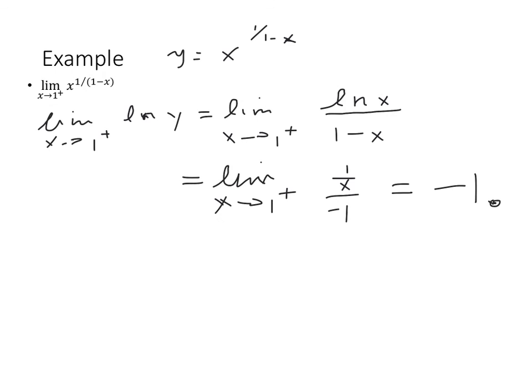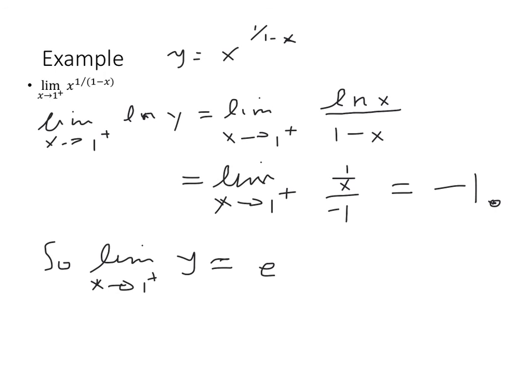Now, at this point, we're tempted to think that we're just done. But remember, all we did here was take the limit as x goes to 1 from the right of the natural log of y. What we want is the limit of y. And so the limit as x goes to 1 from the right of y is going to be found by raising e to the power of the limit that we just computed.